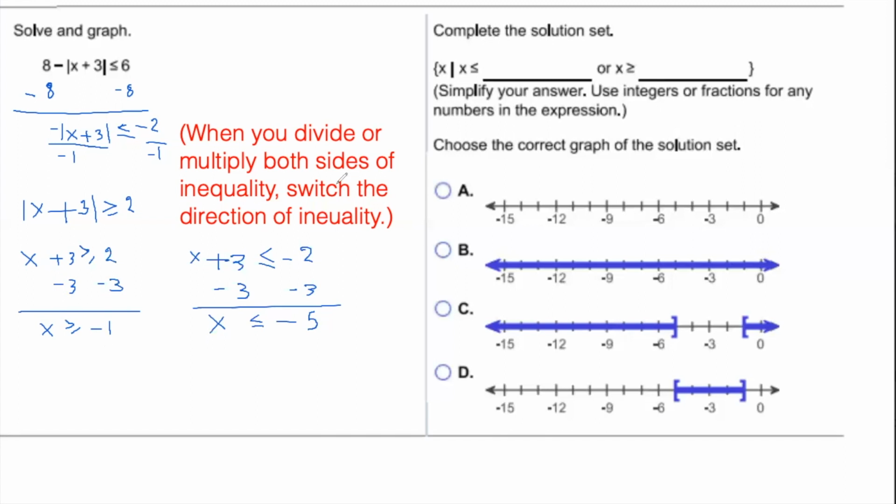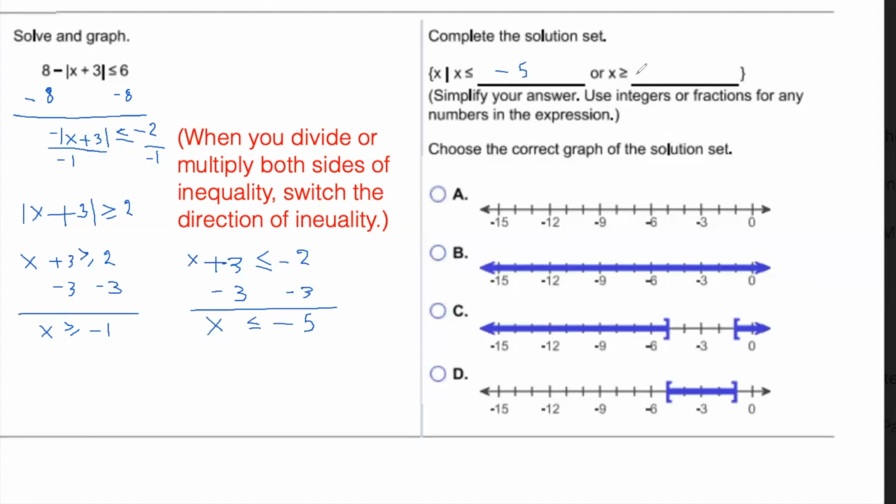So this is the solution. It says complete the solution set. So x is less than or equal to negative 5, or x is more than or equal to negative 1. Now if we look at the options, where it is x is less than or equal to negative 5, this is negative 3, this is negative 4, this is negative 5.